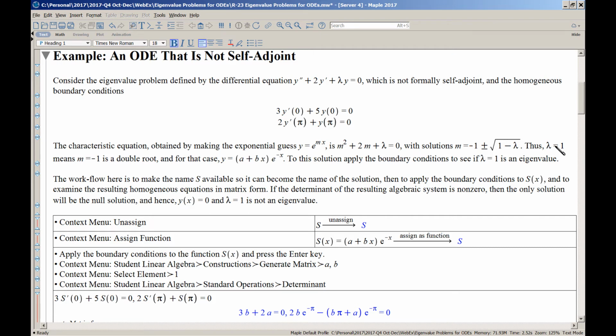Lambda equals 1. It's the double root, and the solution is different for that case. One solution in the fundamental set would be e to the minus 1x. But because it's a repeated root, the other solution in the fundamental set would be x times that. So I factored, and I'm going to have a plus bx times e to the minus x.